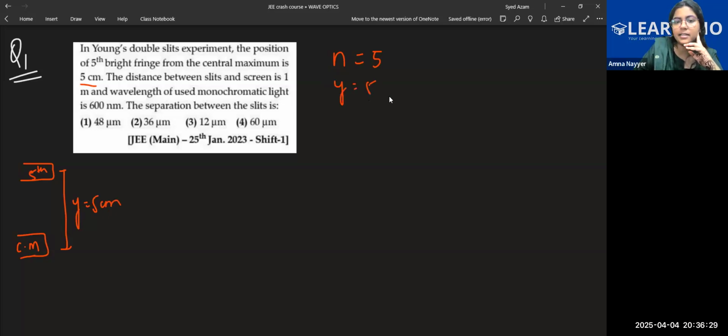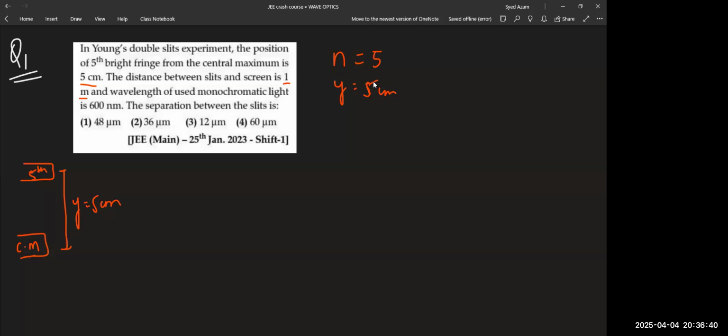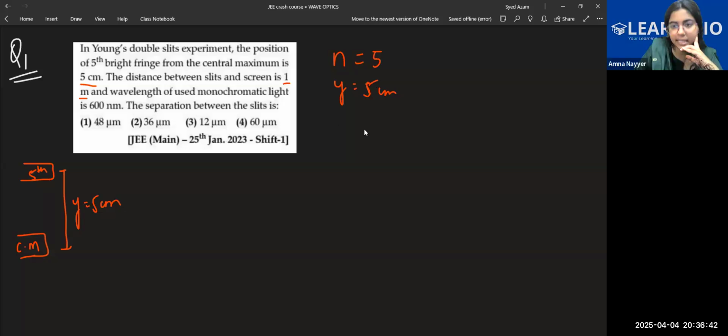Correct. Now, Meera, what is this 1 meter given? Capital D. Correct. Separation between the screen and the slit is 1 meter. 600 nanometer, what is it?